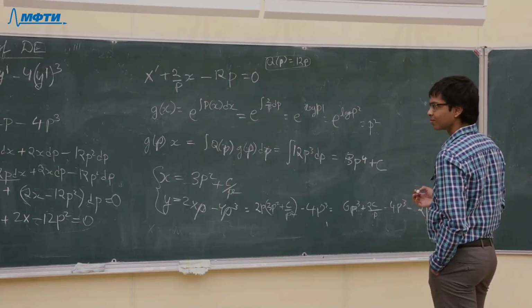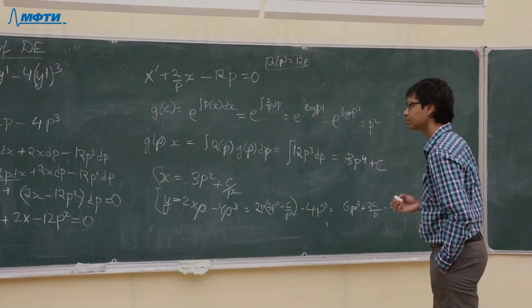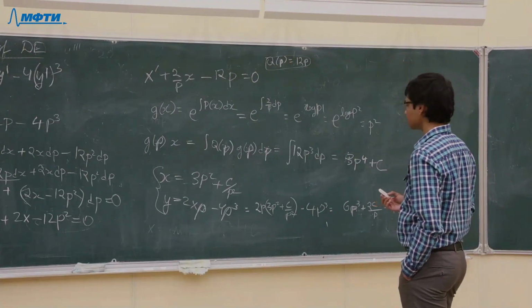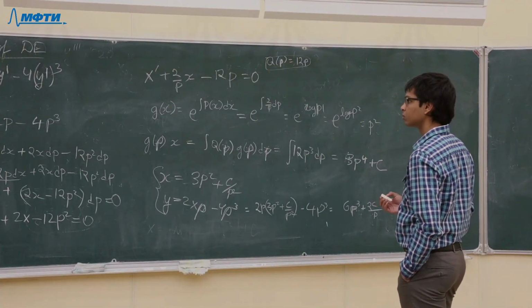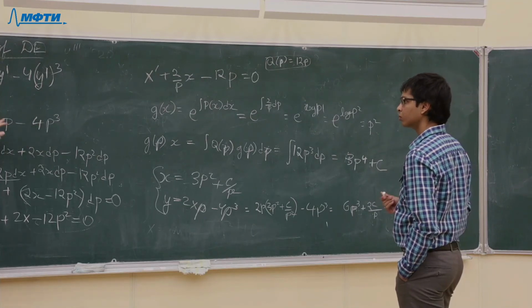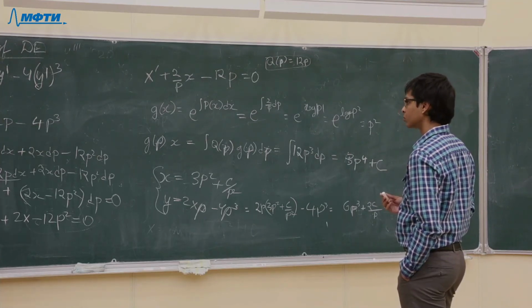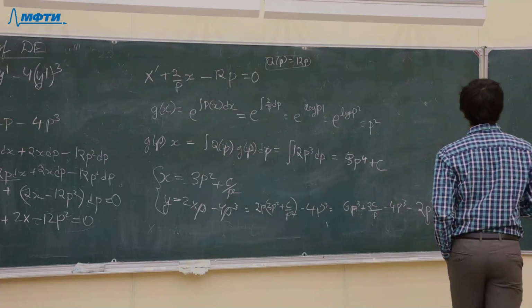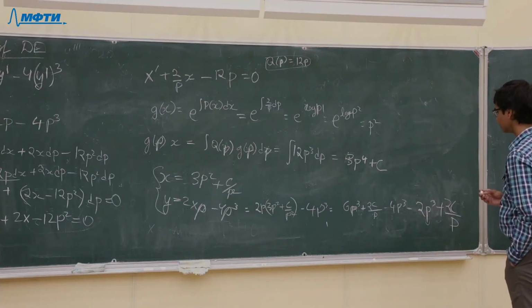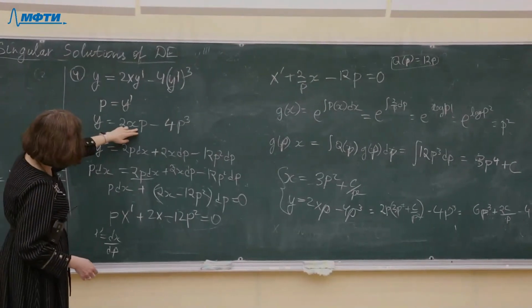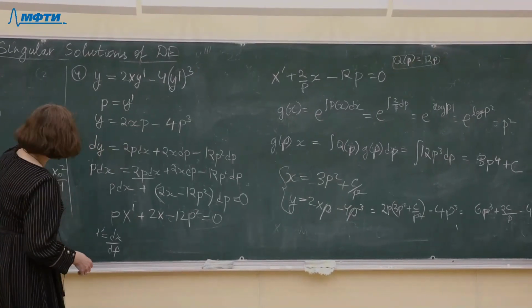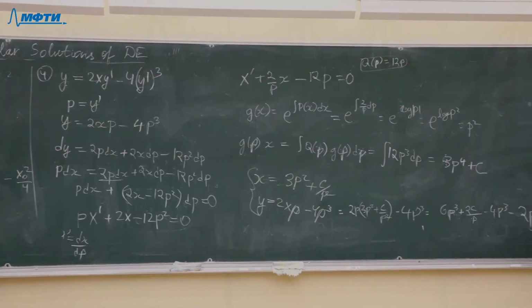Right. So we must consider this equation, and we should differentiate it. So find the partial derivative with respect to p, and solve them simultaneously. So differentiate this with respect to p, and we will get 2x minus 12.